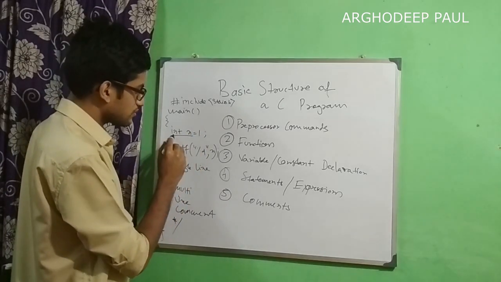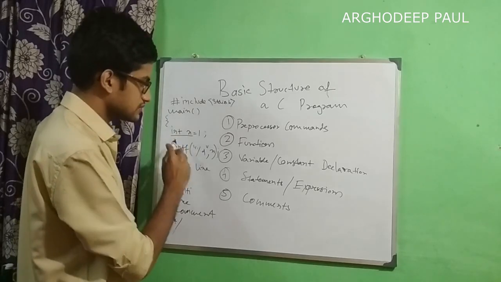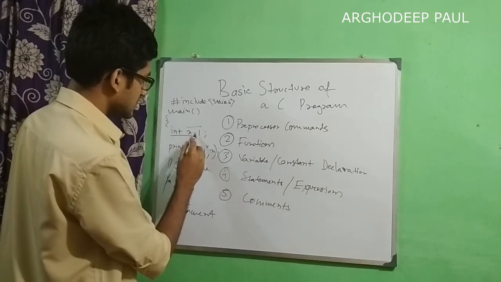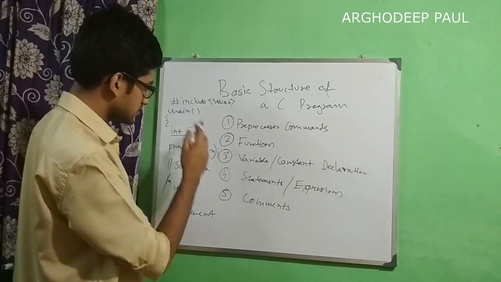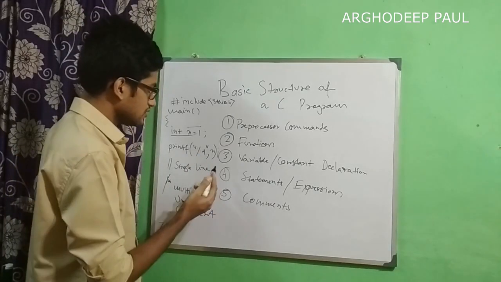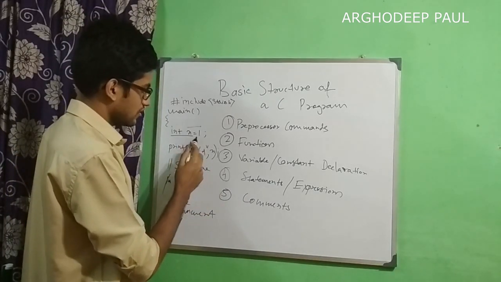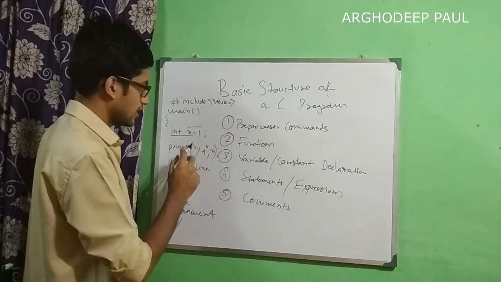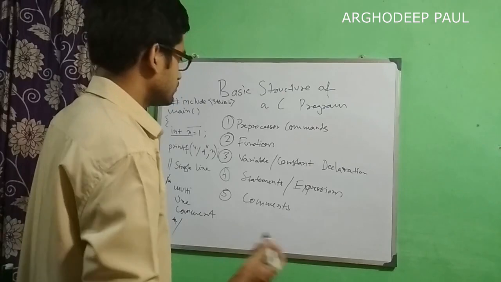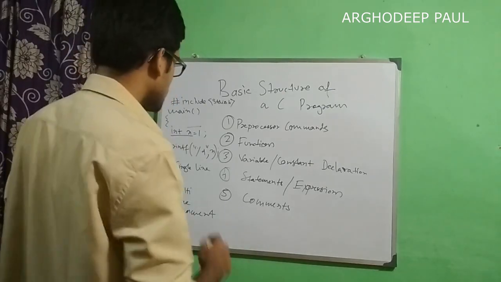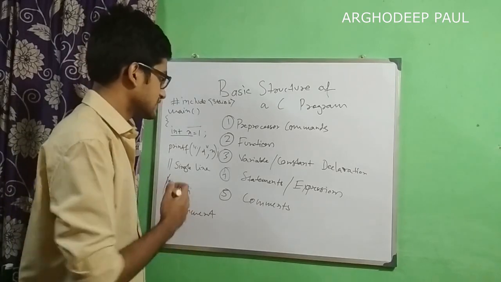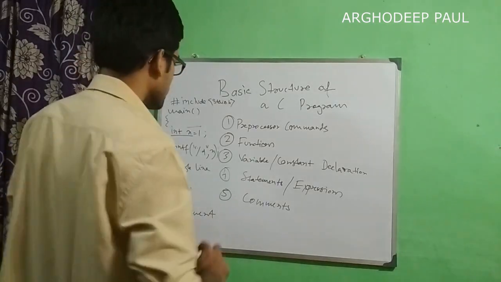So this underlined part is the variable declaration part, and in n equals 1, the equal sign is known as the assignment operator, because it's working on the two operands on both of its sides, n and 1. And there are a lot of other kinds of assignment operators, but here we are using the basic assignment operator, which is an equal sign.